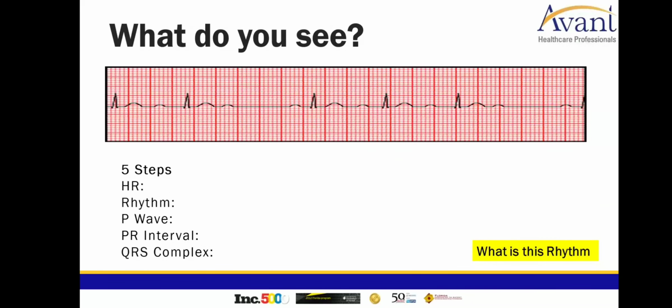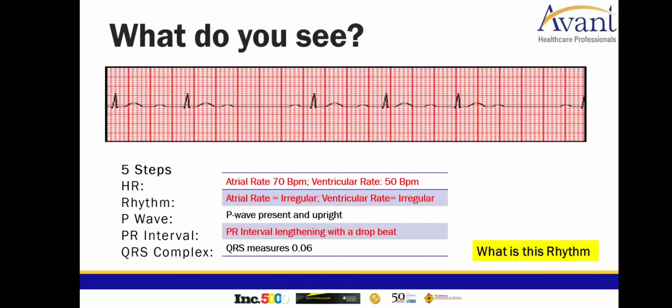Here's another one. Go ahead and pause your video and do your measurements. All right. It gets a little more complicated as we go, doesn't it? Now let's take a look at this one a little more closely.